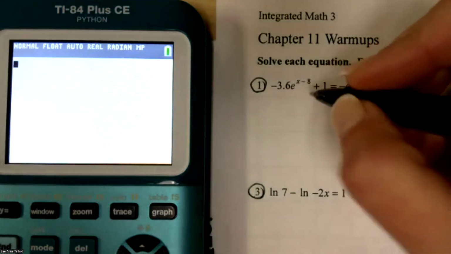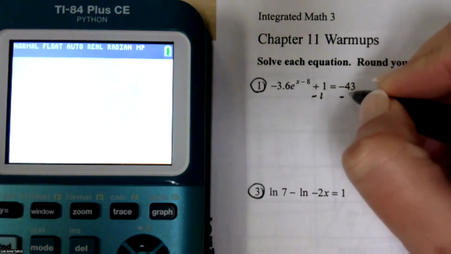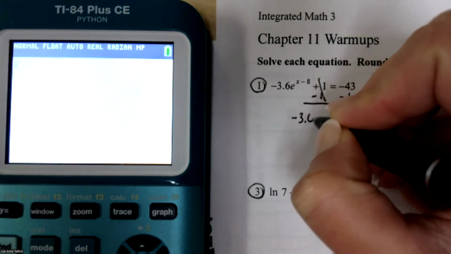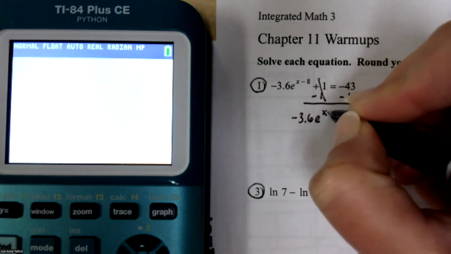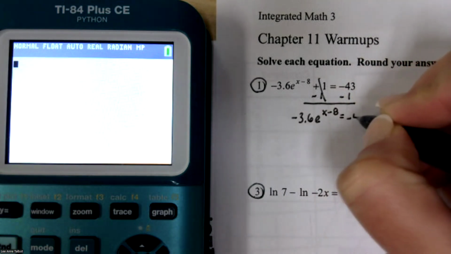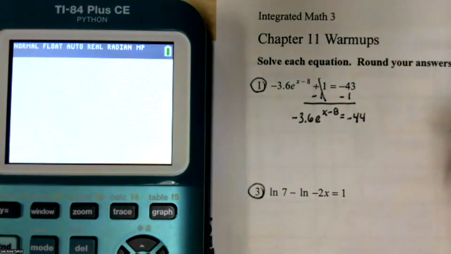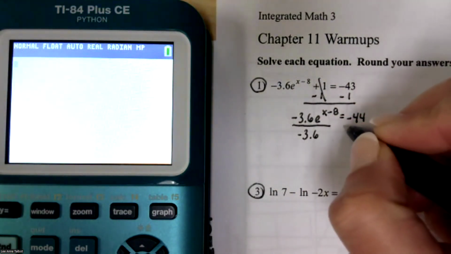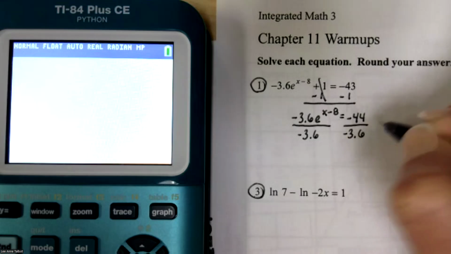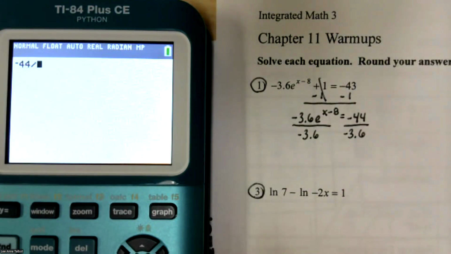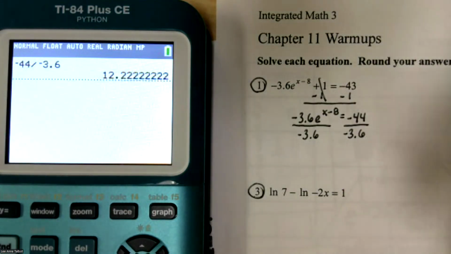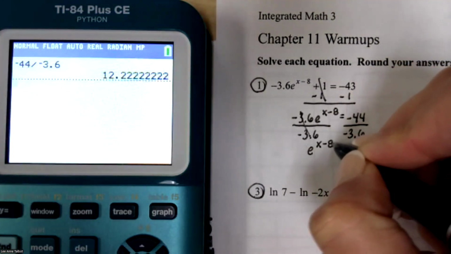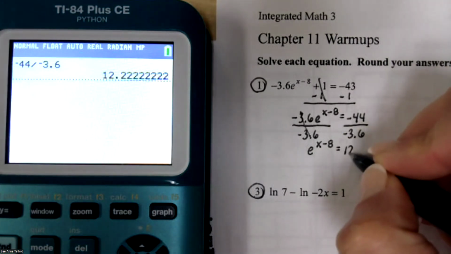Okay, number one, -1. I don't like it when they're repeating decimals.